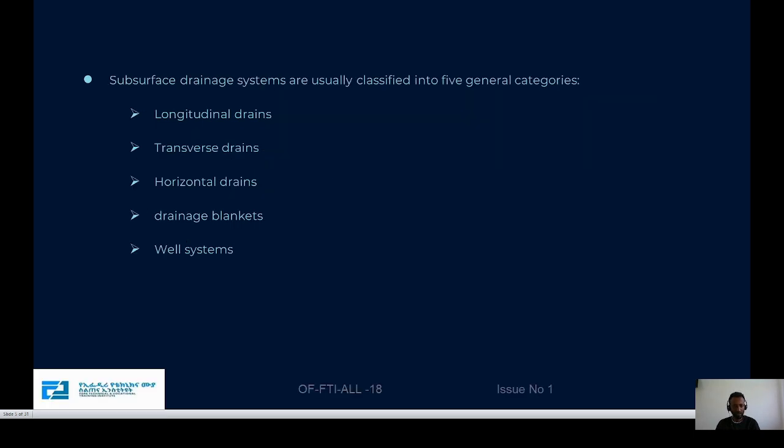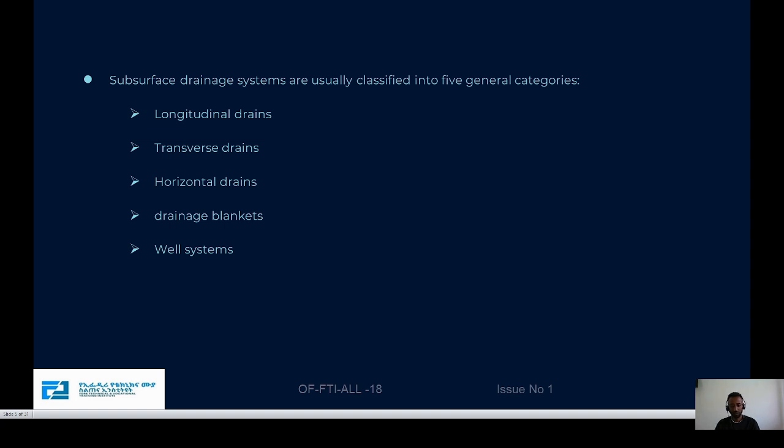The subsurface drainage systems are usually classified into 5 major categories. The first is longitudinal drains, which are mostly provided parallel to the center line.